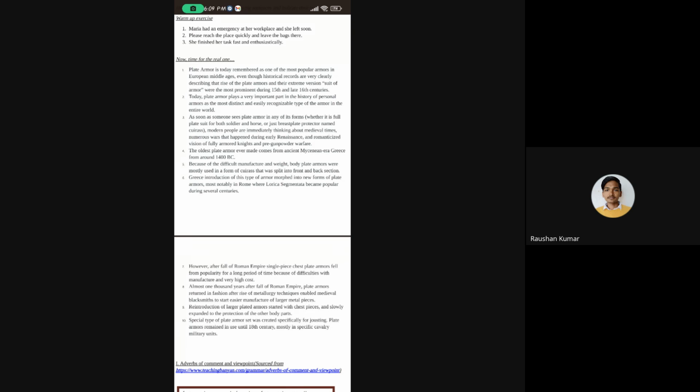So we'll discuss them as we get there, but we'll begin with the exercises now. Let's begin with the first one. It's a warm-up exercise just to check whether you understand what adverbs are. The first sentence: Maria had an emergency at her workplace and she left soon. Can you identify the adverbs in this sentence for me? Soon. Soon is one, yes.